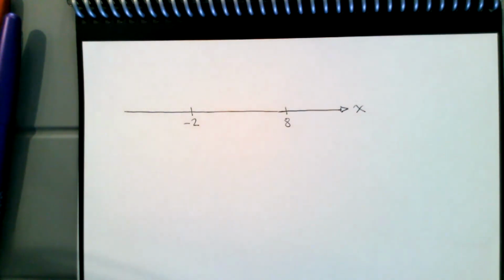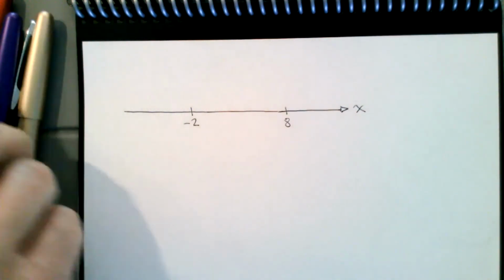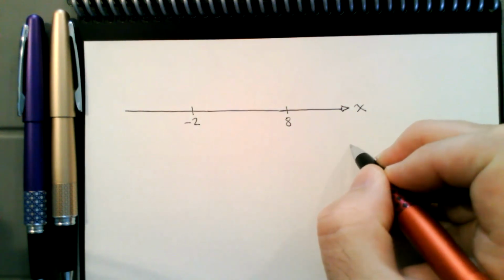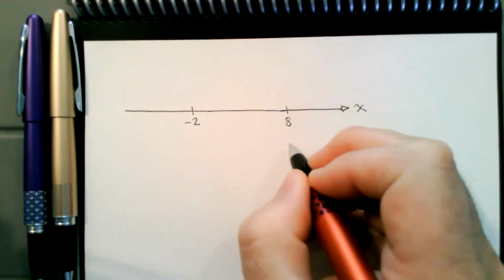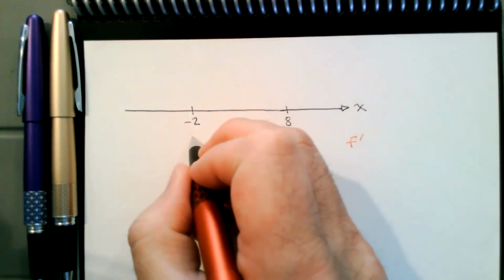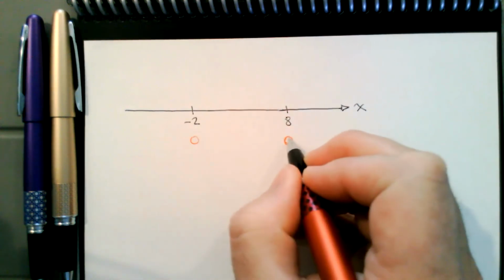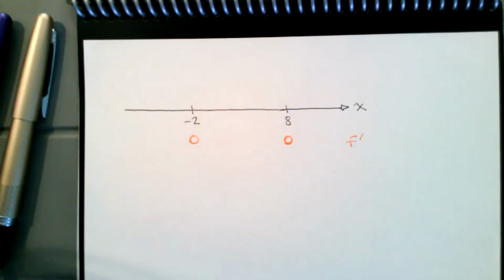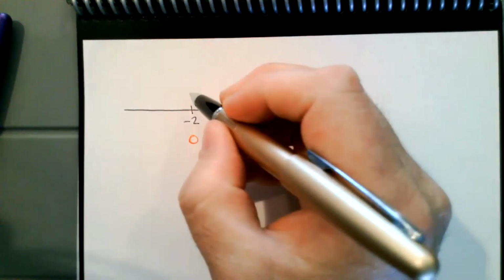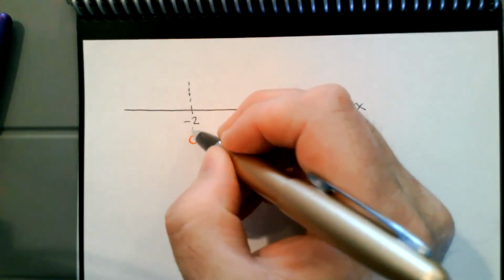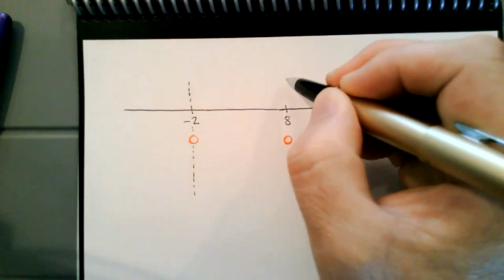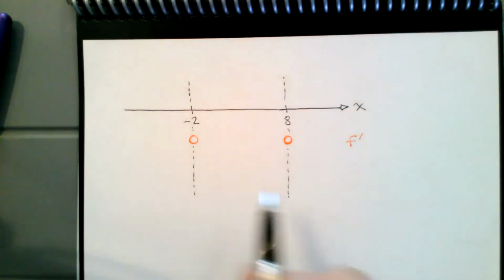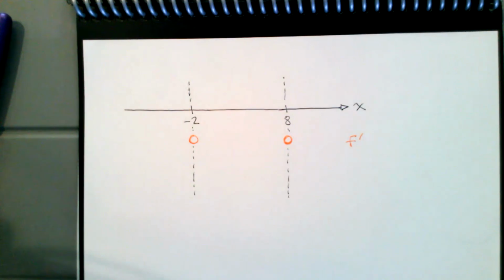At these values of x, the first derivative is equal to 0. And so we got 3 intervals: before -2, after 8, and in between -2 and 8.